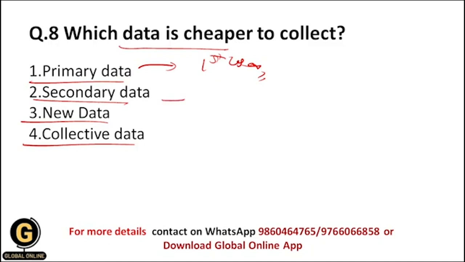And secondary data is the data which is created by a second user or third person. For example, secondary data is the data which is available on the internet, or through texts. Okay, so this is called the secondary data. But primary data is the data that the first user collects through interviews and questionnaires. All of you getting?